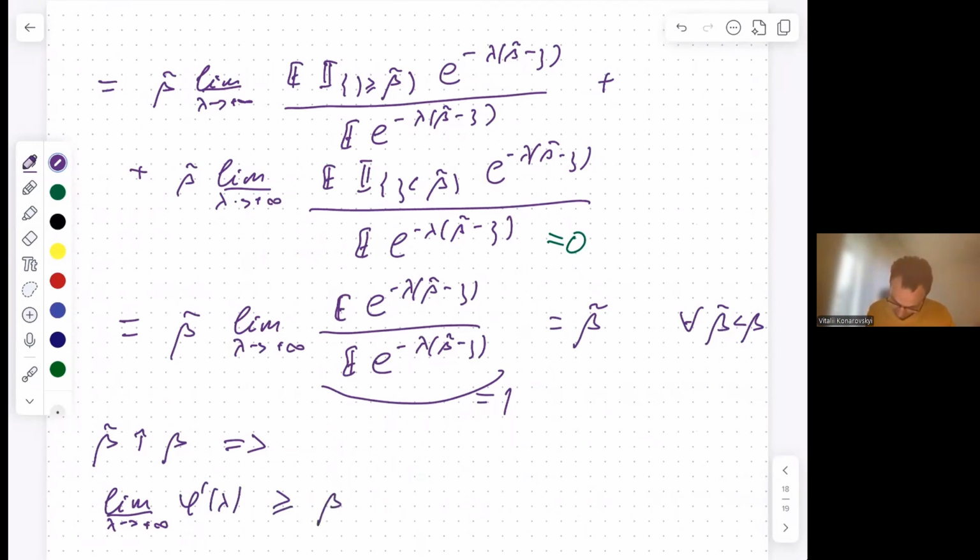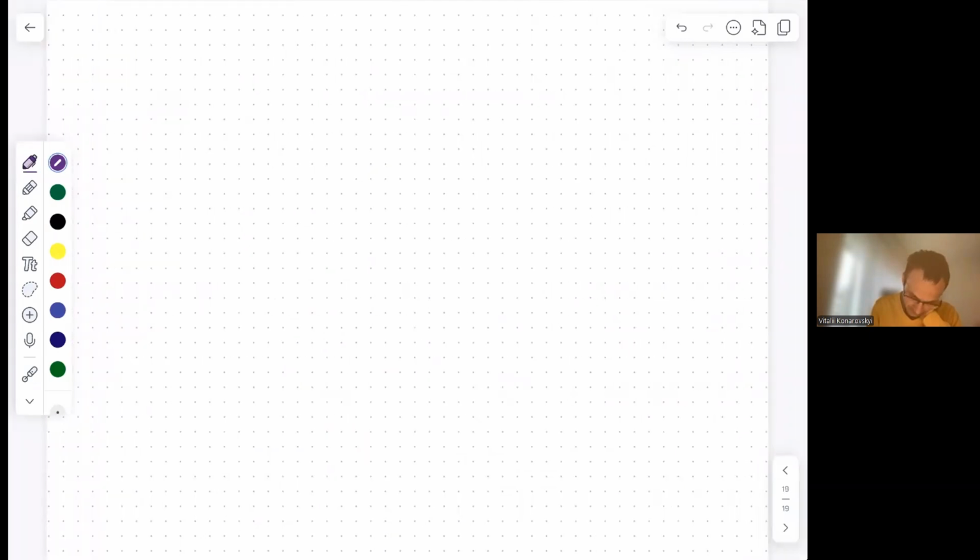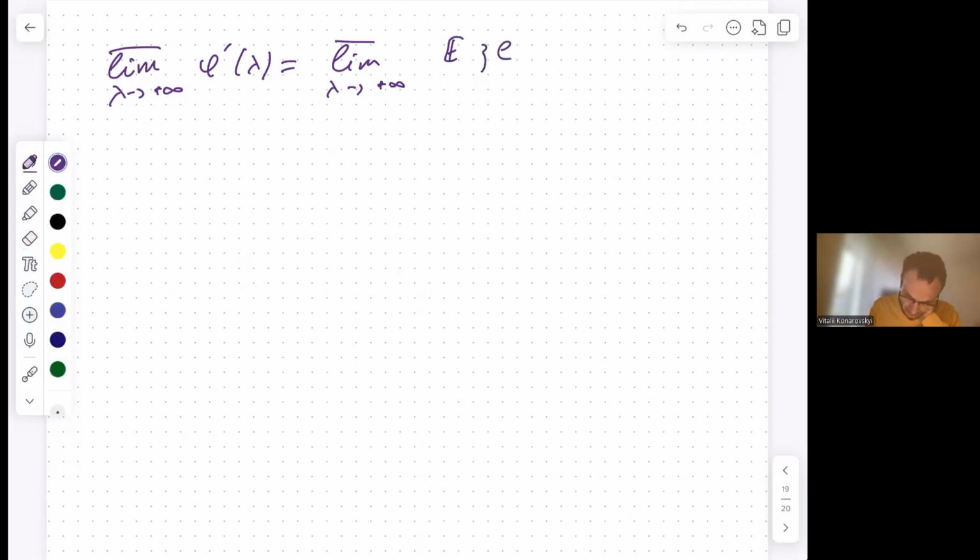And that is how we showed the lower limit. And then the upper limit for φ prime of lambda follows just from the definition of beta, because when you write the expression for the derivative, there was ξ e^(λξ) divided by the expectation of e^(λξ).